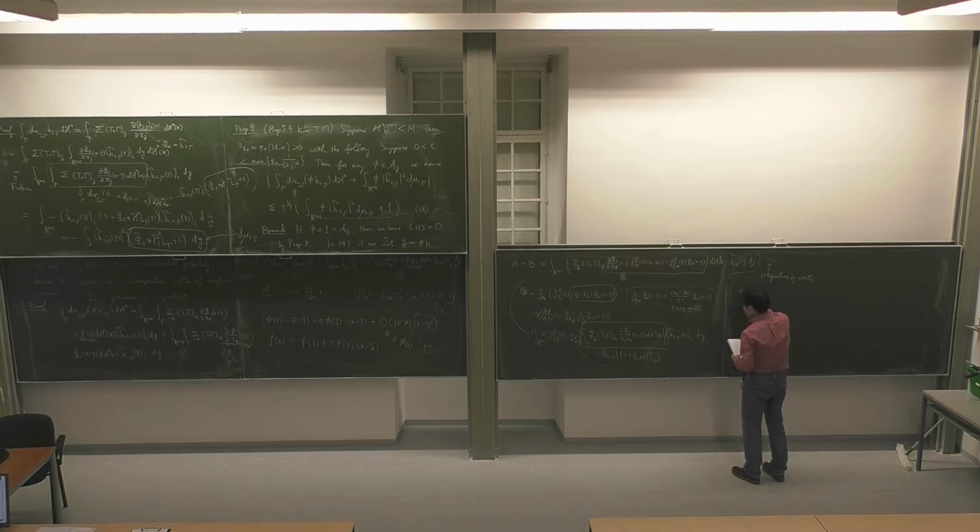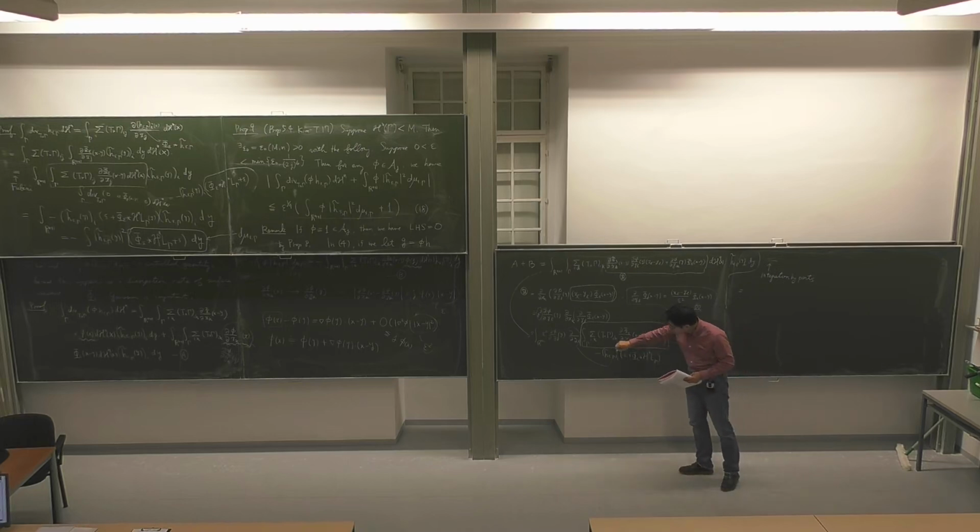I'm using the fact that here is the same guy, here is the same guy, so you can interpret this as d dy L of h squared.